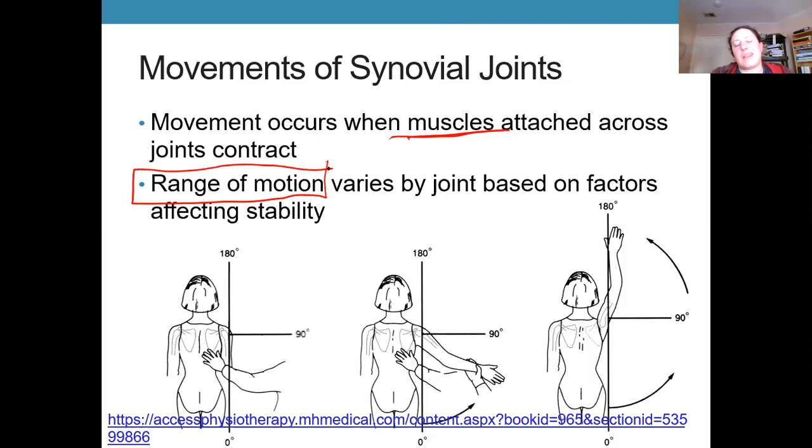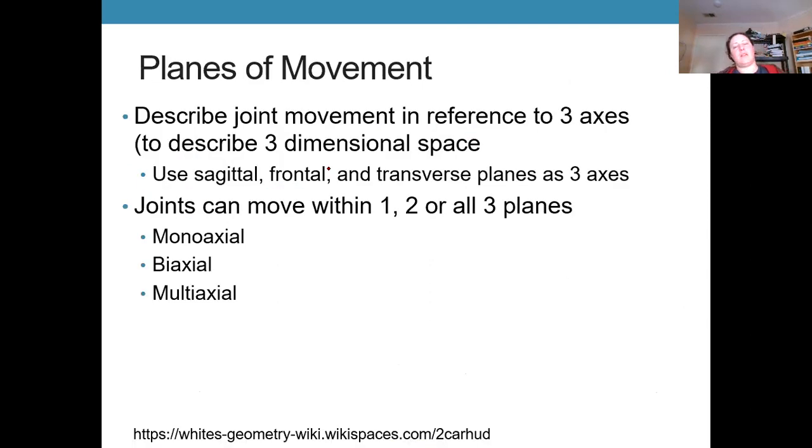So this is things like how the bones fit together, how tight the ligaments are, how much extra tissue is around, stuff like that. So because of those factors, not all joints have the same range of motion or the same types of motion. So we're going to talk about the categories that we can put these joints into based on that kind of movement.